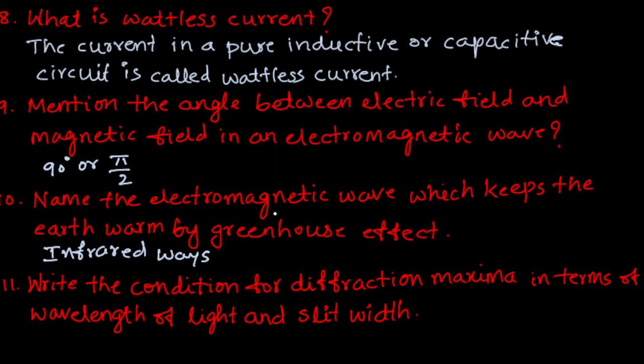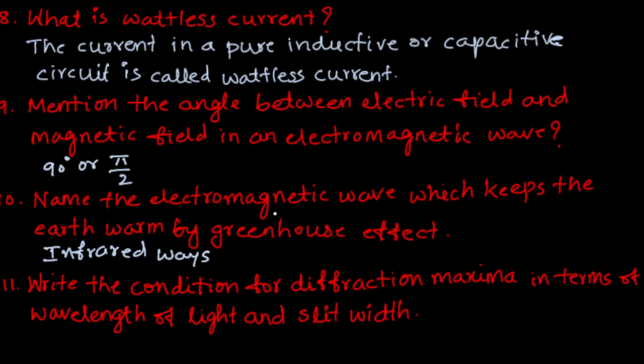The earth becomes hot and it starts emitting infrared radiation. You know that all hot bodies emit infrared rays. All hot bodies are the sources of infrared waves. So when sunlight falls on the earth, it becomes hot and starts emitting infrared waves.